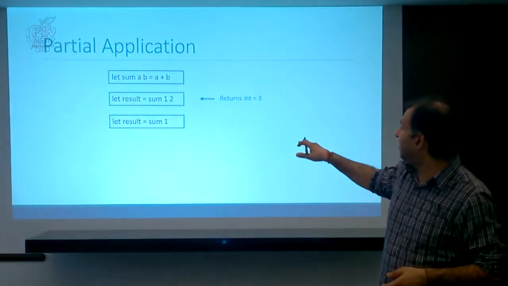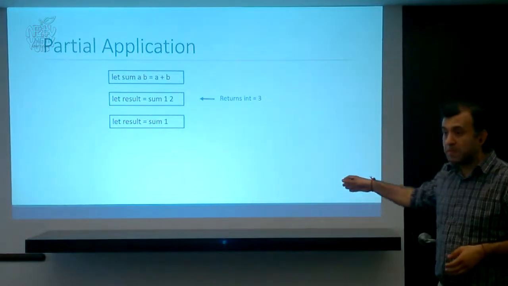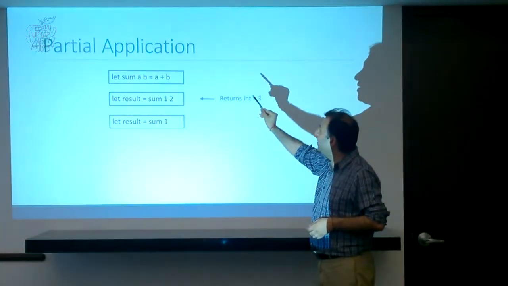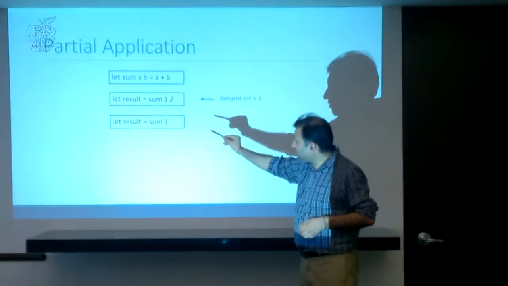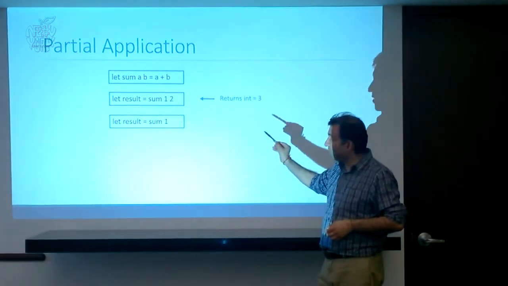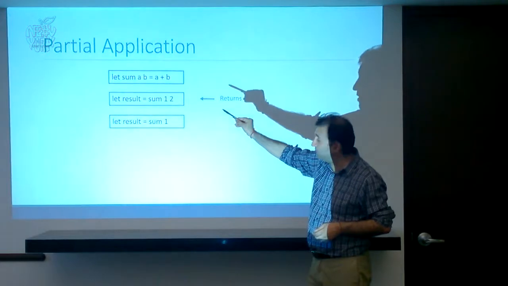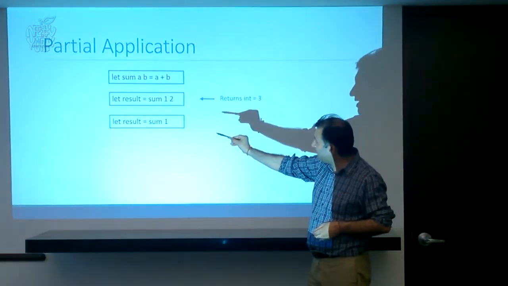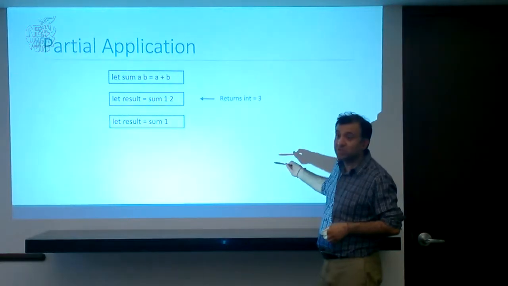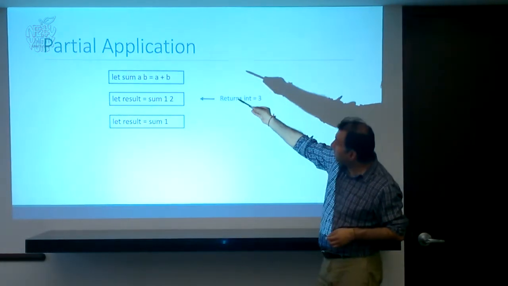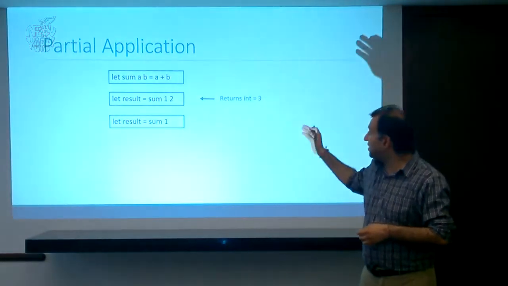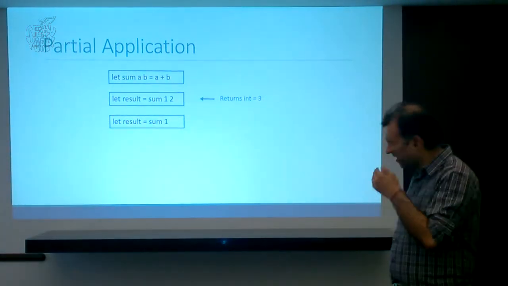Then you have something like result sum 1, which means, if you remember that syntax, the type of this function is int to int, because you've already supplied one variable. So you have created another function that basically takes a variable x and gives you x plus 1, because you've supplied the value of a to it. So this is called a partial application.